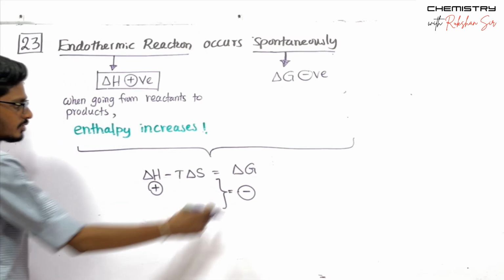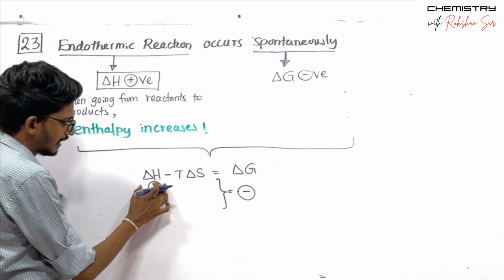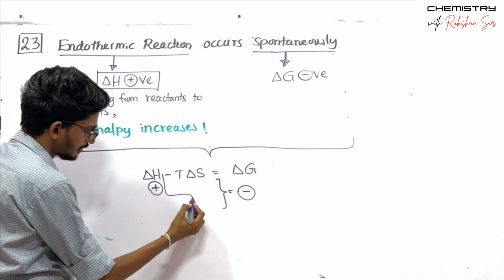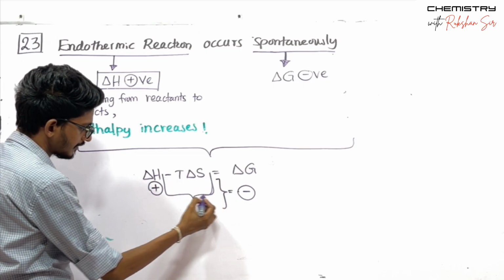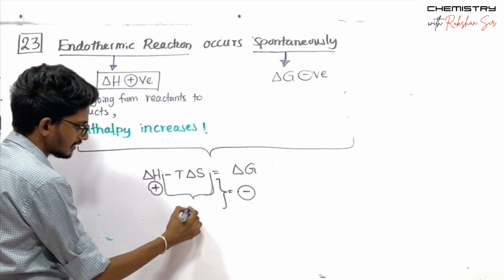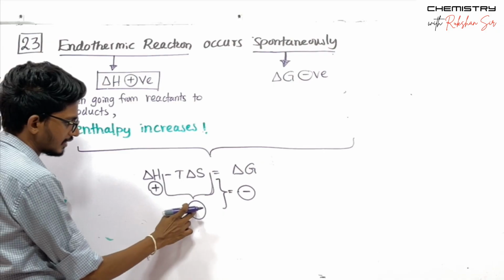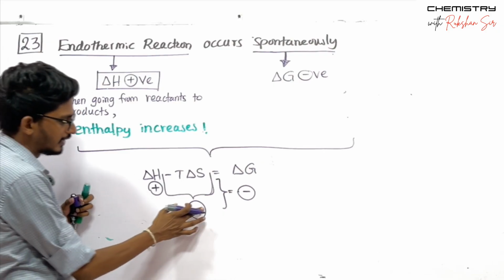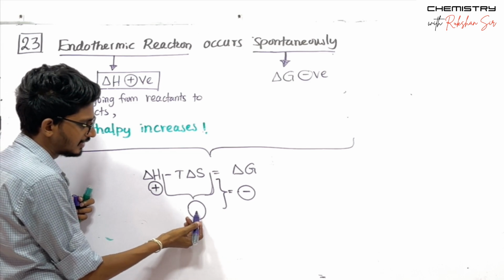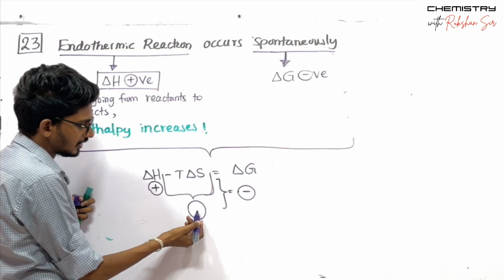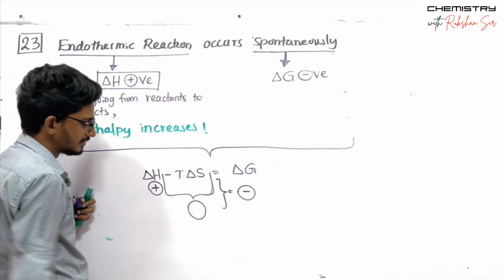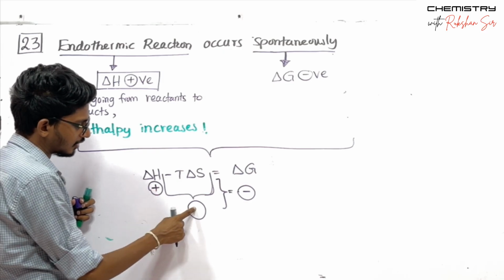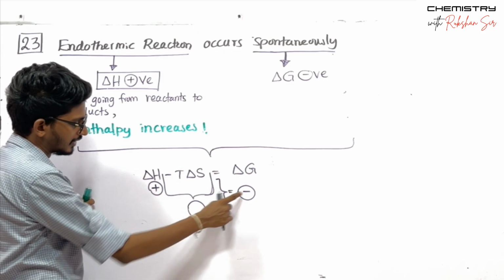To have a negative sign here with a positive sign appearing at the delta H, definitely the sign of this multiplication should be negative. If only the sign here is negative, you can come up with a negative sign here. By adding a negative sign only to a positive sign, you can come up with a negative sign here.